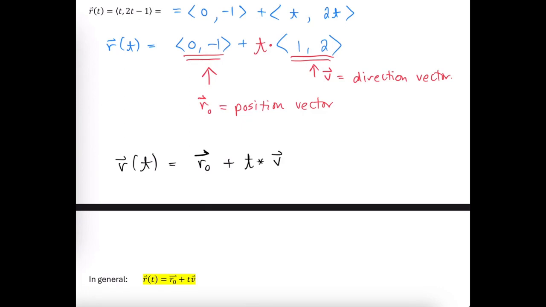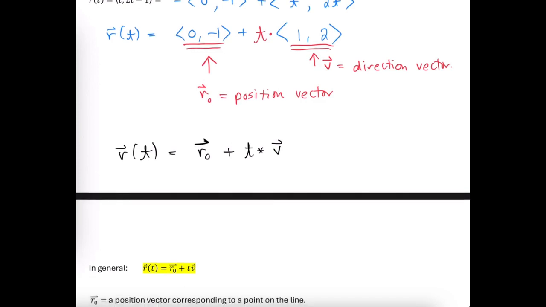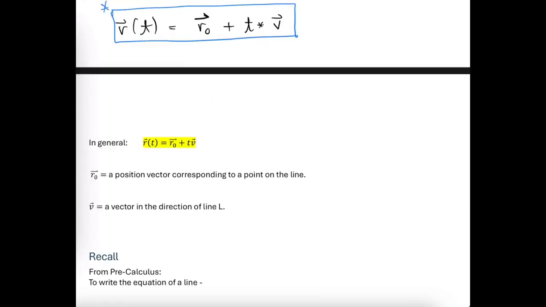If you think about this, it feels very similar to a topic that we have discussed in pre-calculus. We'll draw those similarities here in just a minute. So here we are formalizing this formula in order to get a vector function. This is going to give us the vector function for the equation of a line.